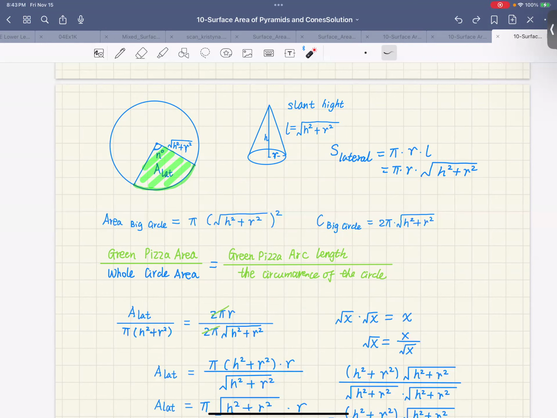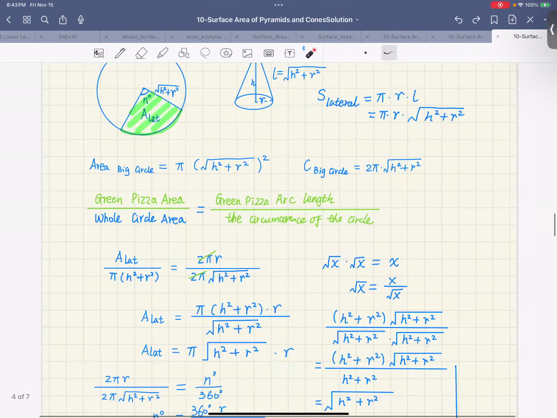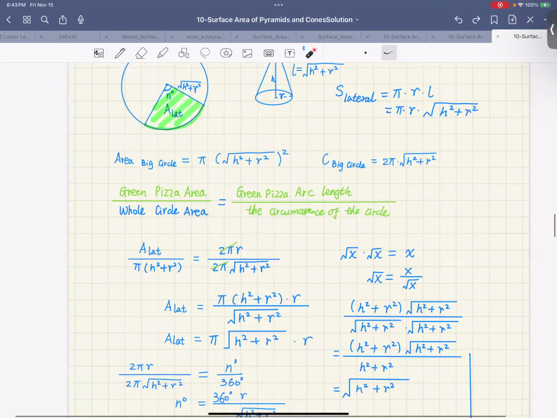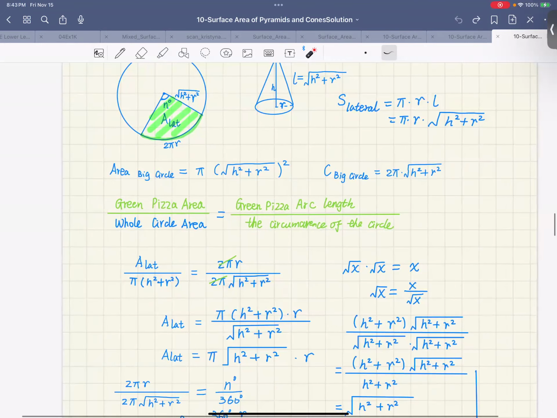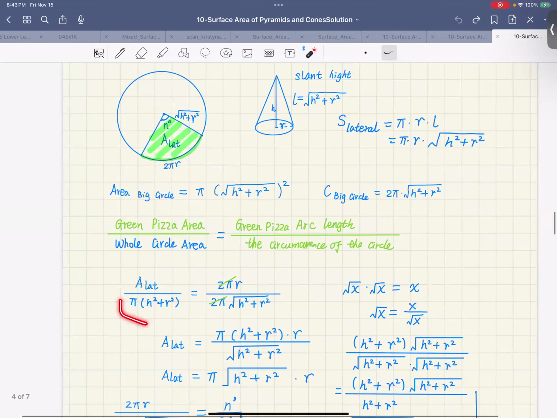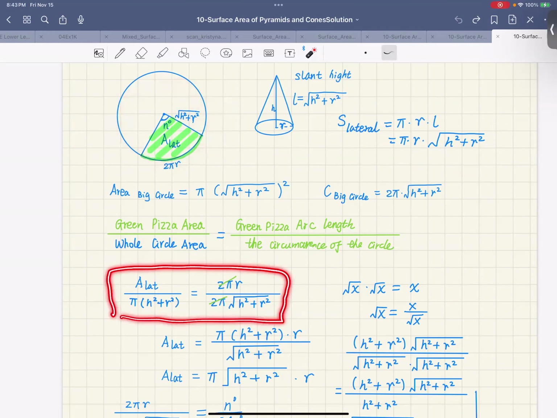No. See here, I know students feel scared about so many long expressions. You do the lateral surface area over pi times that guy squared equals this 2 pi r divided by 2 pi times this. Okay, this is not something crazy hard.